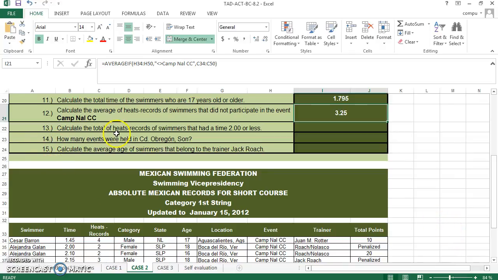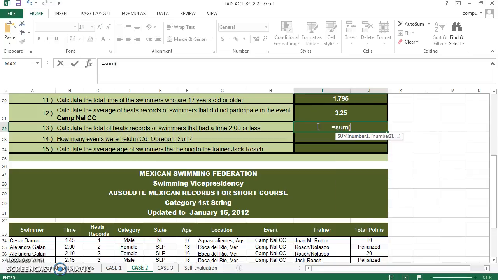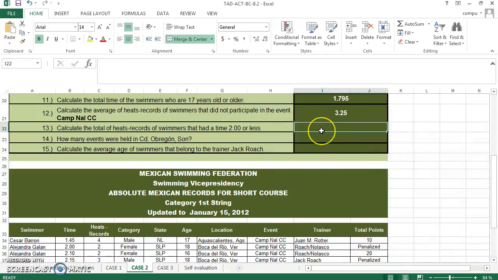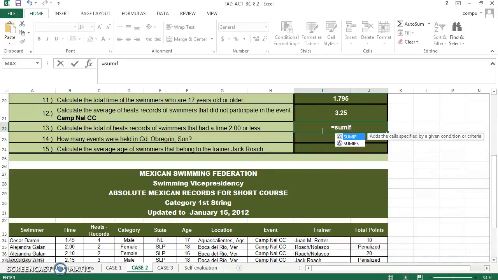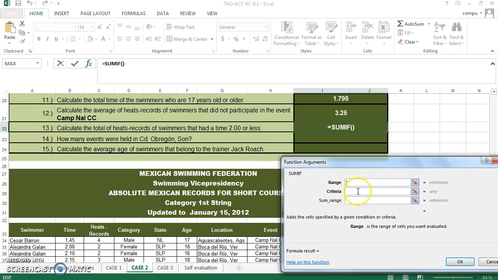Calculate the total of heats records of swimmers that had a time of 2 or less. So my condition is the time, equals to the sum of 2 or less is going to be equals to SUMIF, open parenthesis, and then criteria is less than or equal to 2 because 2 is included.